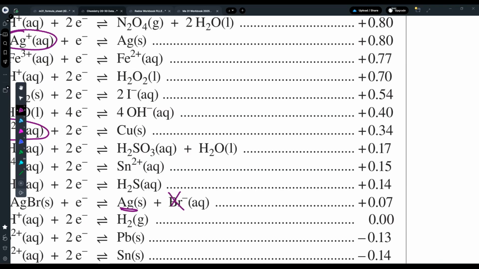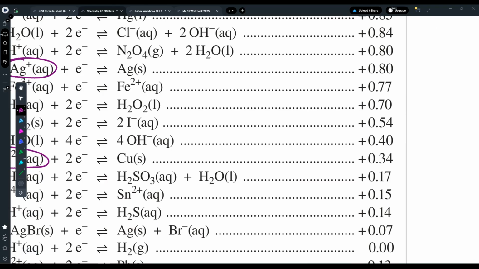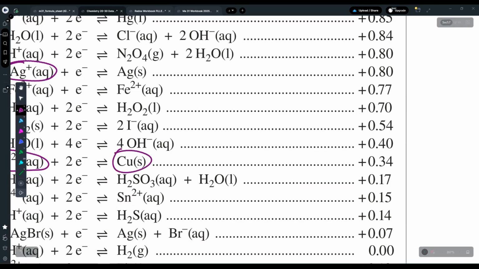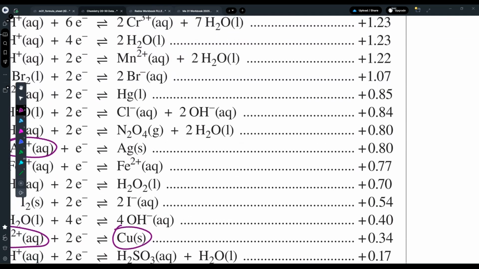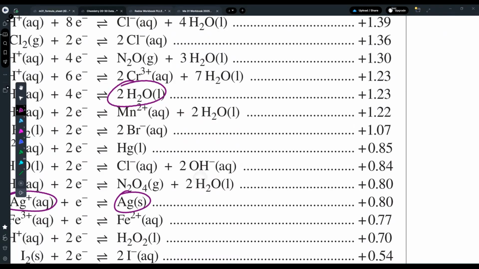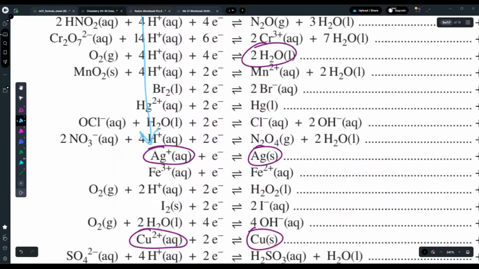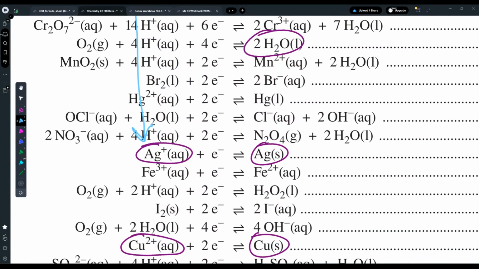I don't have bromide ion, so I can't use this one either. Okay, I've got copper solid. I've got silver solid. And I've got water. Okay, so looking at this for the SOA, put my finger in the top left-hand corner. Boom, silver 1 plus is the SOA.